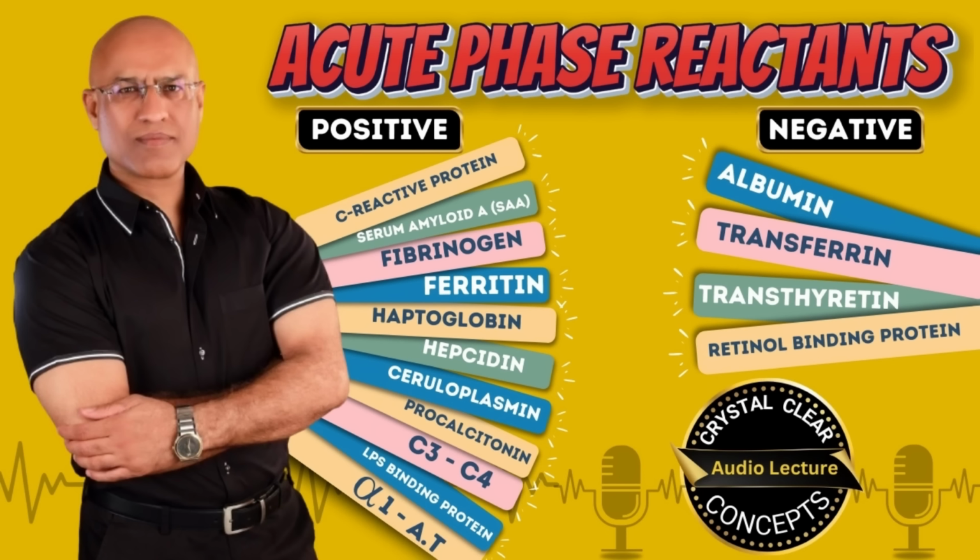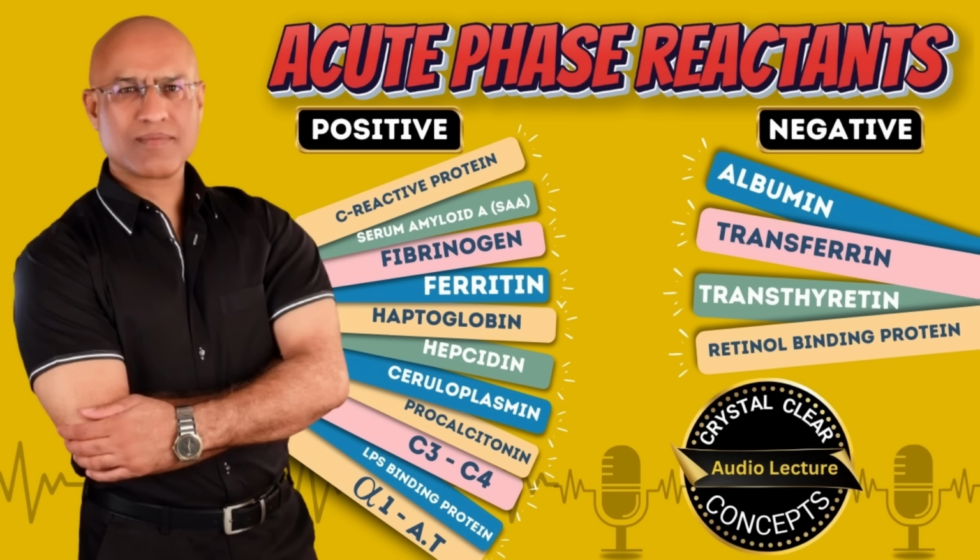And the third molecule, I have mentioned haptoglobin, I have mentioned that ferritin levels are also increased, and I have mentioned hepcidin. Up to now I have mentioned three positive acute phase reactants which are actually reducing the availability of iron.